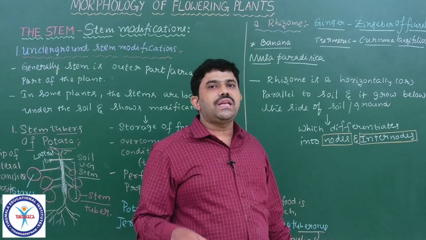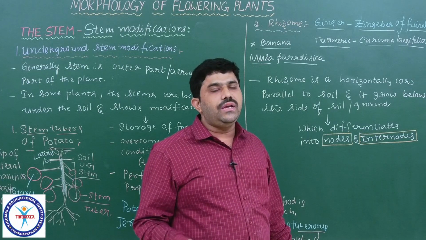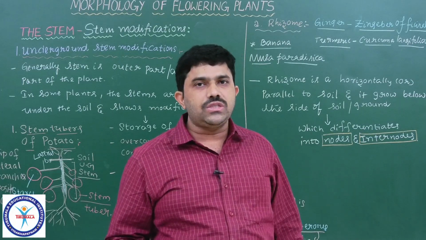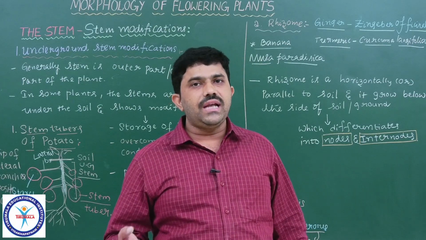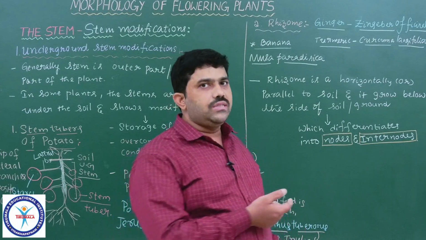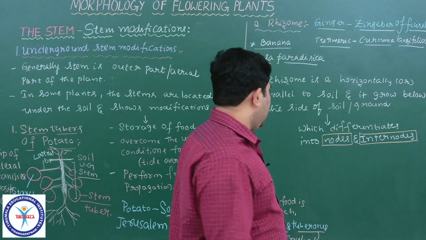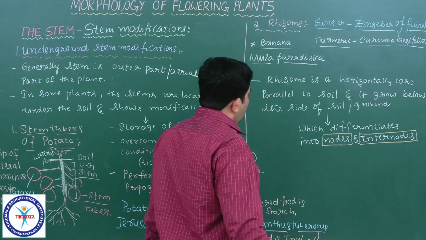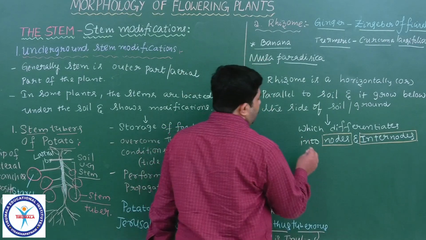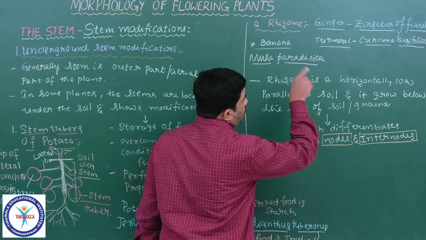Understood? These buds grow into individual organisms. When the buds are detached from all these stem modifications, they also grow into individual organisms. So see here, the rhizome is where we see one exemplary organism.